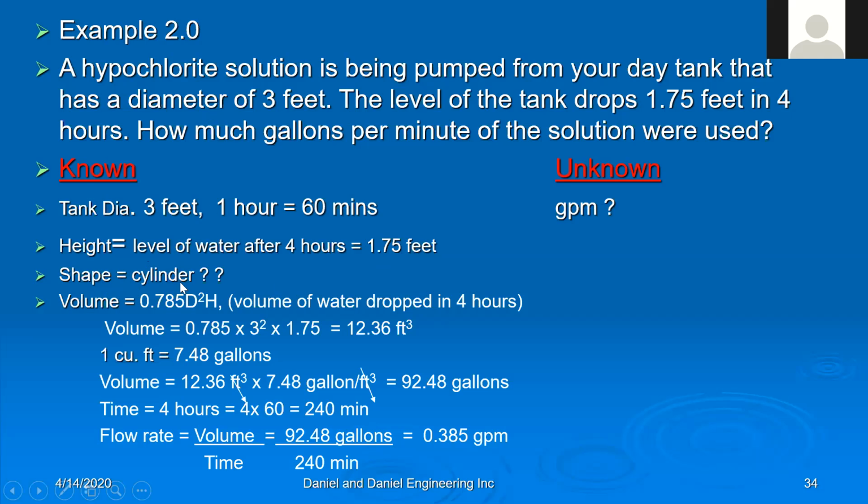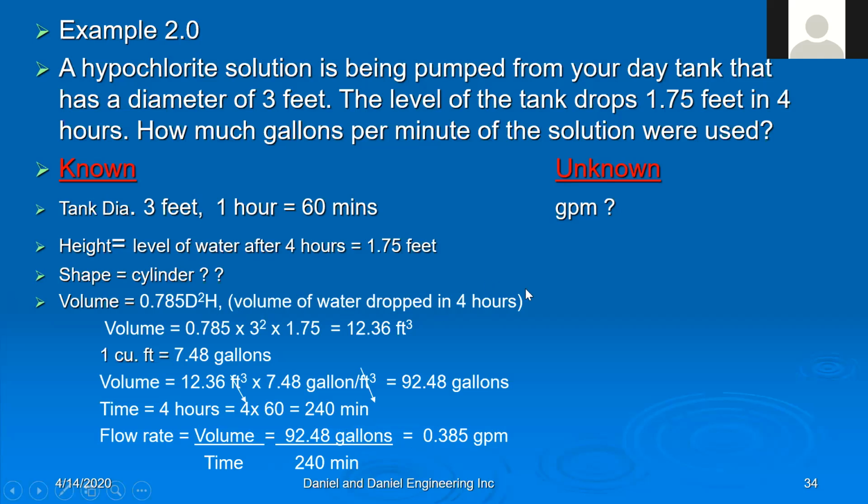The tank is cylindrical. So one of the formulas that comes to mind is the volume of a cylinder, which is 0.785 times the diameter squared times the height. In this case it's H, a tank. For a pipe that is horizontal, you say L. And that would be the volume of water that you dropped in 4 hours.